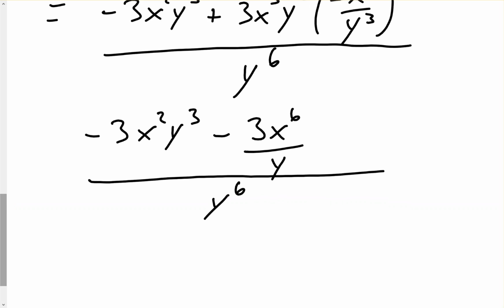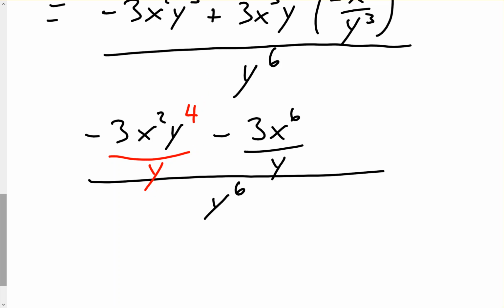Okay, so now I want to simplify this. I don't want to have this complex fraction in here. So if I made this have a common denominator of y, I'd have to multiply by a y on top, y over y. So this y to the 3rd will become y to the 4th.